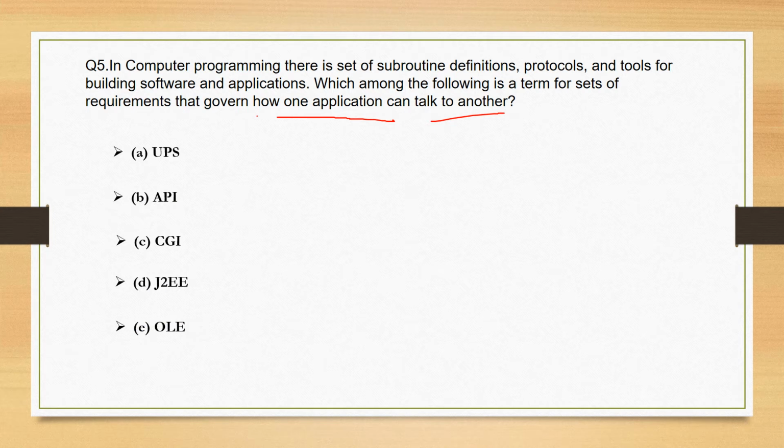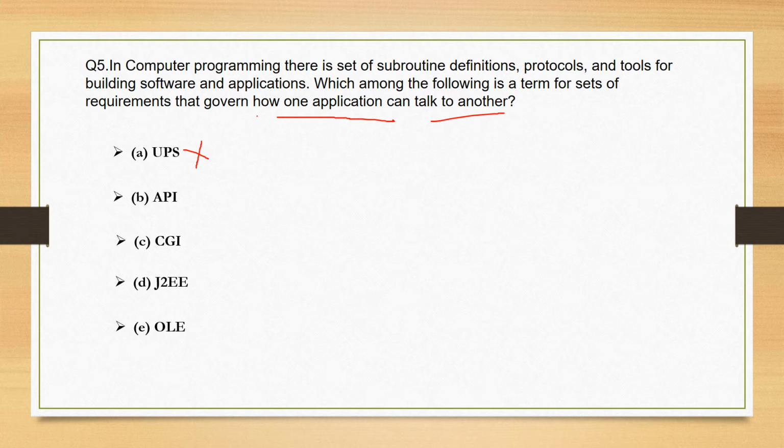Out of these five options, the first option is UPS. UPS means uninterruptible power supply. It is a hardware device, so it is not related to applications or programming. Let's go to the next option. What is API? API means application programming interface.